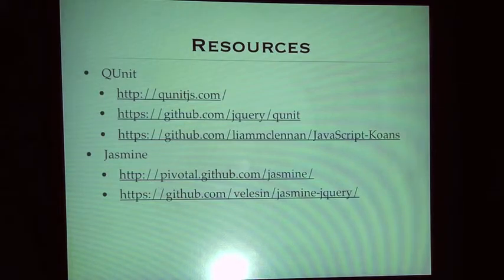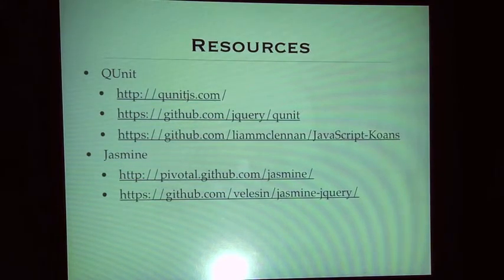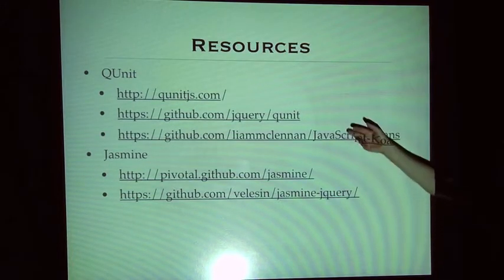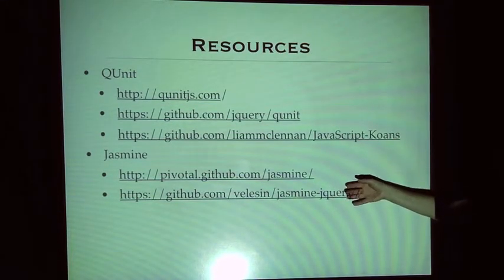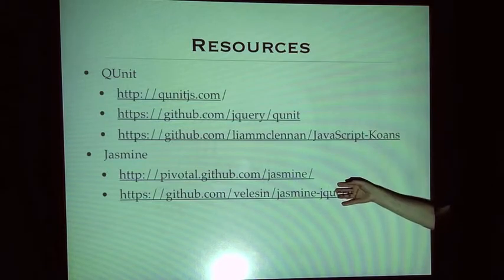QUnit also supports setup and teardown functions too. Yes, there's also setup. So if you have common functionality, you can have setup and teardown functions at the module scope that will set up a fixture. One thing that we didn't talk about, I mentioned it with QUnit: Jasmine also has a much richer fixture library.